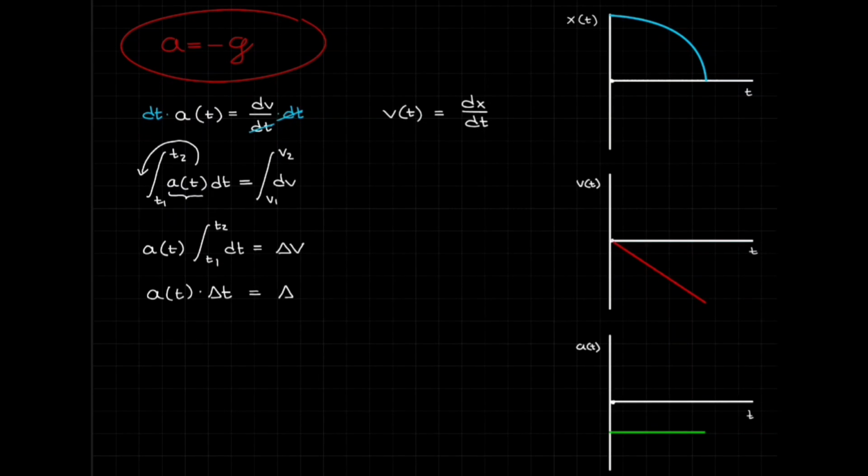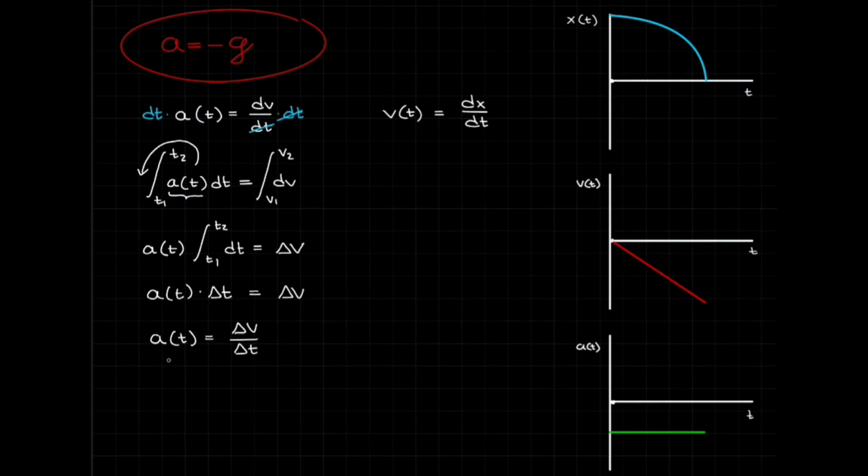And now we have something that looks a little more familiar. Acceleration is equal to delta v over delta t. We kind of just got exactly what we had before, but now it's in delta form, so to speak. What it means is that the instantaneous acceleration is actually the same as the average acceleration.